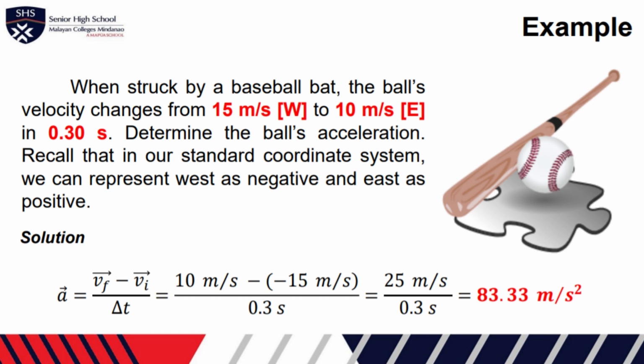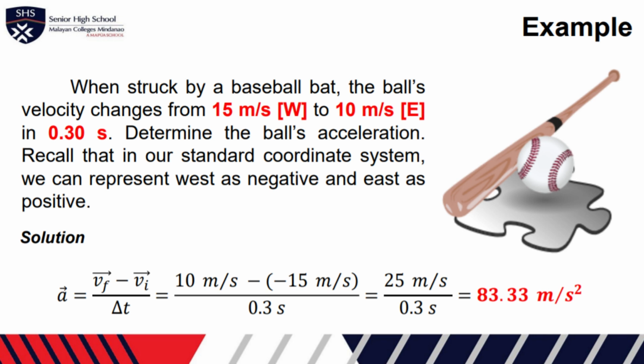It is because of the west, and in our coordinate system west can be represented with a negative sign, over change in time. So there's only one value of time given, which is 0.30 seconds. You could simply put it over there.